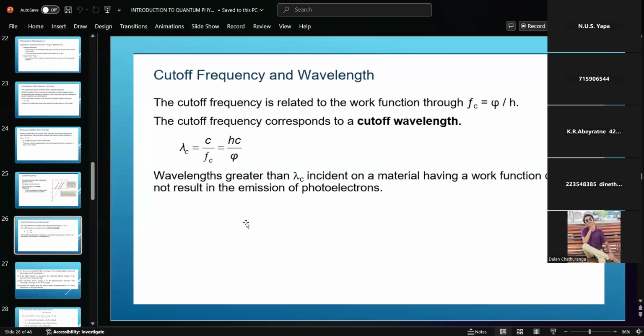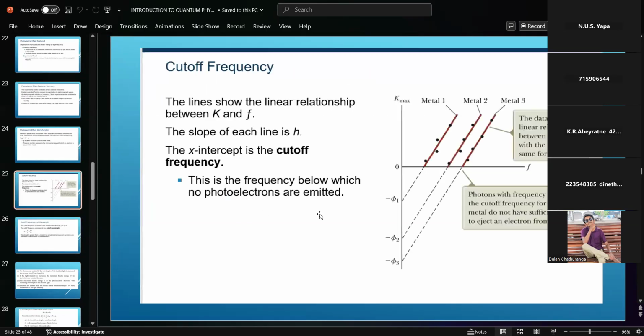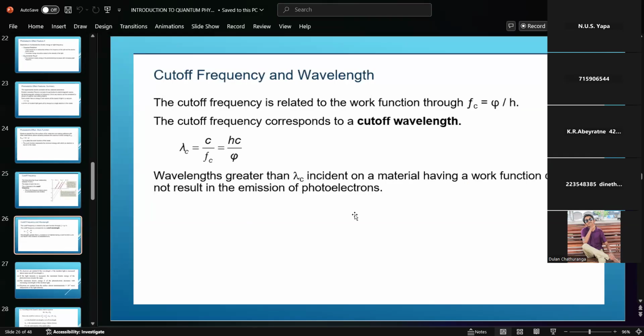I think you can understand, because 1 over fc is proportional to lambda c. If lambda c is increasing, fc is decreasing. So we can call this the cutoff wavelength.